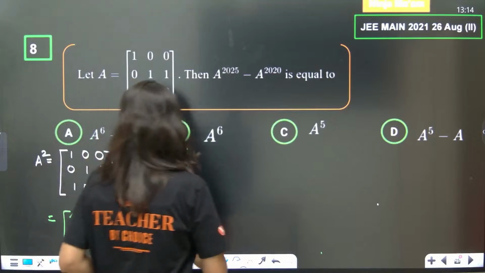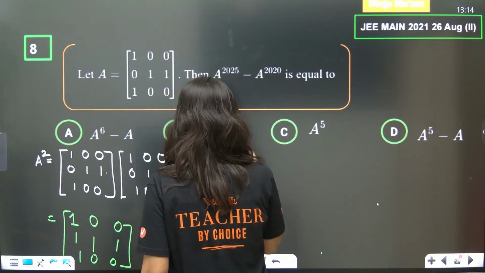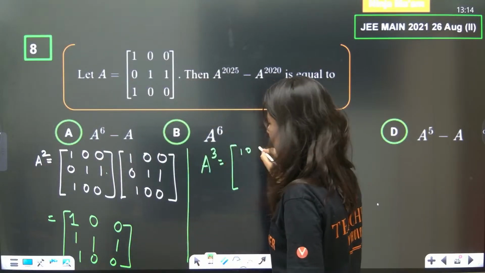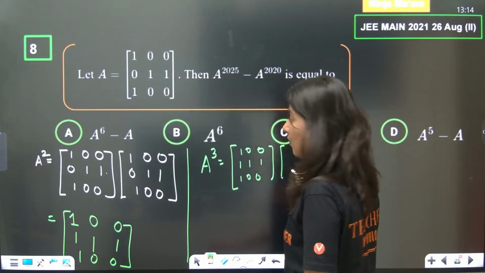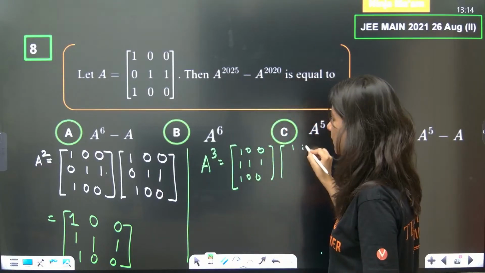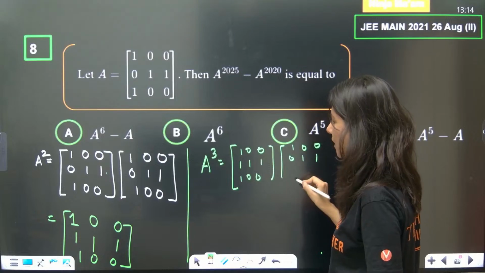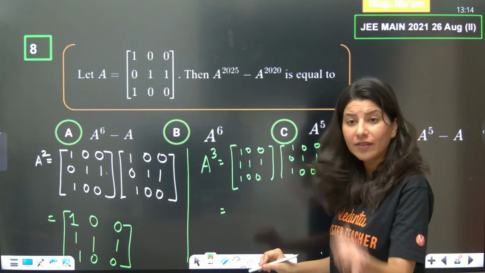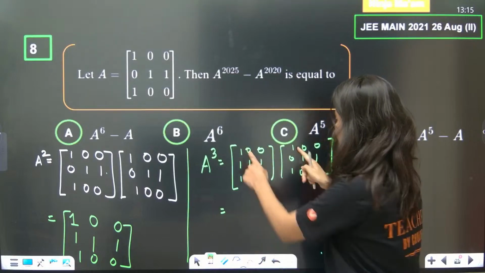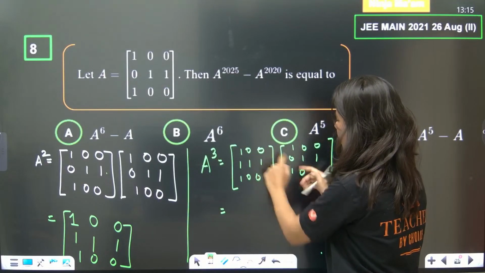Now a cube. Everybody, a cube. A cube will be a square 1 0 0, 1 1 1, 1 0 0, and there will be one more a, which is 1 0 0, 0 1 1 and 1 0 0. Correct? This is a cube. Let's solve a cube. So this into this 1, then 0, then 0.